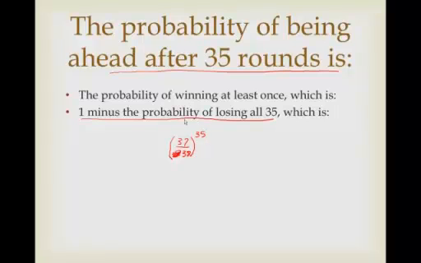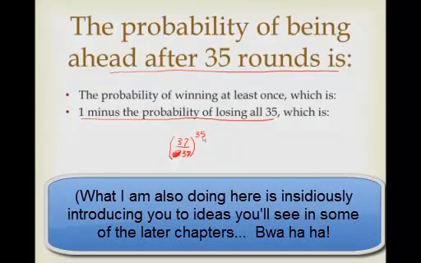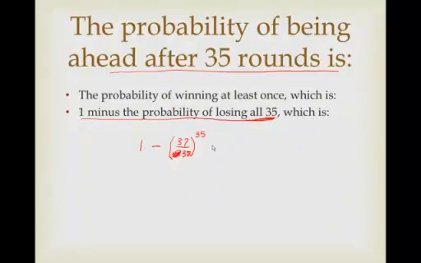That's 37 over 38 raised to the 35th power, the probability of losing all 35. So 1 minus that is the probability of winning at least one time, and that is 0.61. So that means 61% of the people have won at least once, so they're a little bit ahead. But the ones that were in the hole are pretty much in the hole, and they make up for all of this. But that's just an interesting and kind of unexpected outcome of expected value.